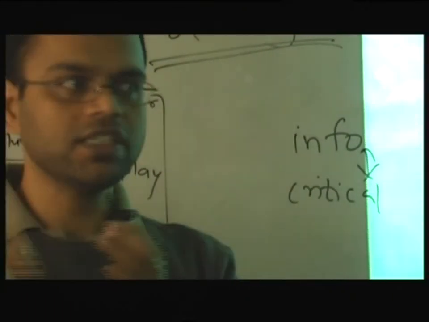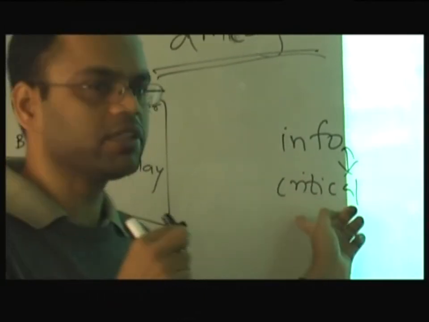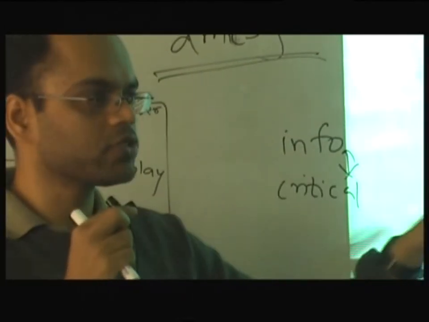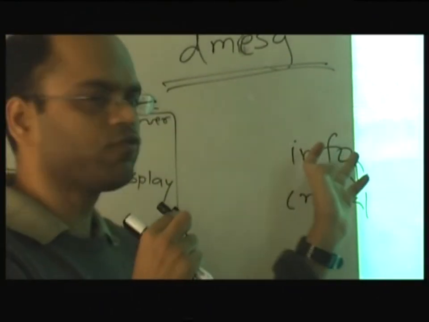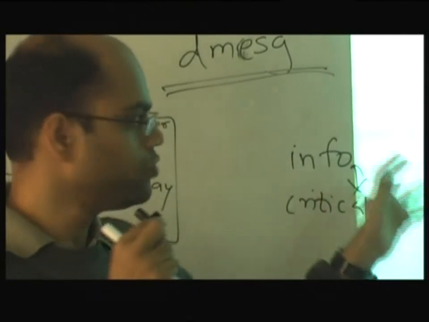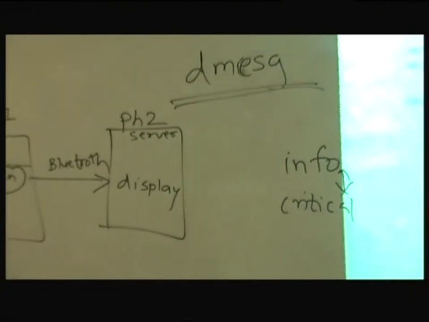Depending upon your logging level, if you want to debug a system, critical means something very serious has happened. For example, if some process crashed, you will see all that in critical. Or if it's just information that some user has logged in, you will see it in information. So you can use this debugging to find out what is happening with the system.